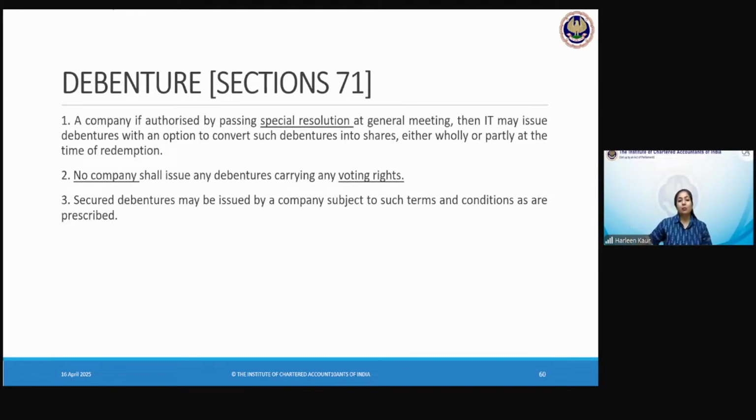Now, section 71: if a company is authorized by a special resolution in the general meeting, they have the option to convert the debentures. So debentures can be convertible debentures, and children, they can be non-convertible debentures also. What are convertible debentures? We have just read in the chapter that these are debentures which can be converted into equity shares at the time of redemption.